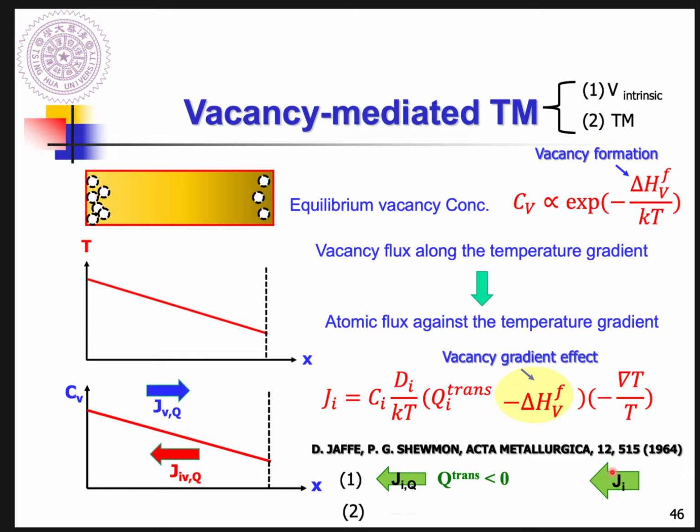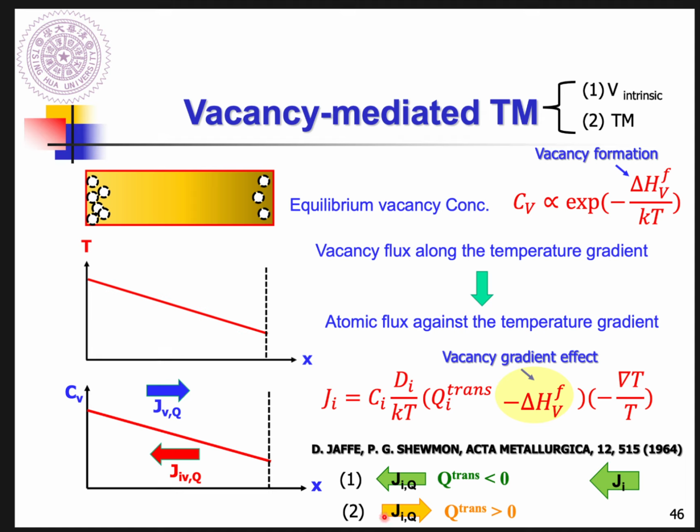The second possibility is that the heat of transport of this material is positive. Positive means that the atomic flux driven by thermal migration means the atoms will move from high temperature toward low temperature, so to the right-hand side.